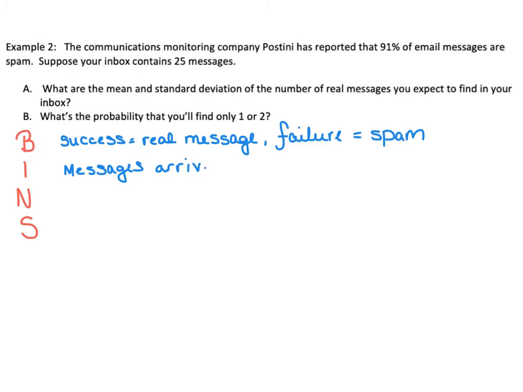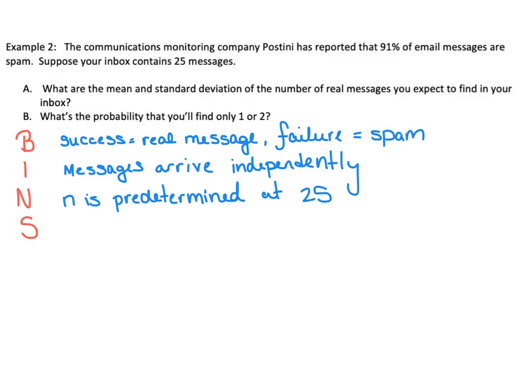As far as independence, I'm going to say that my messages arrive independently. One is not impacting the other from another company, etc. N, I have a fixed number of trials. And S, probability of the same success. Let's say P equals 0.09 for each message as they arrive randomly.